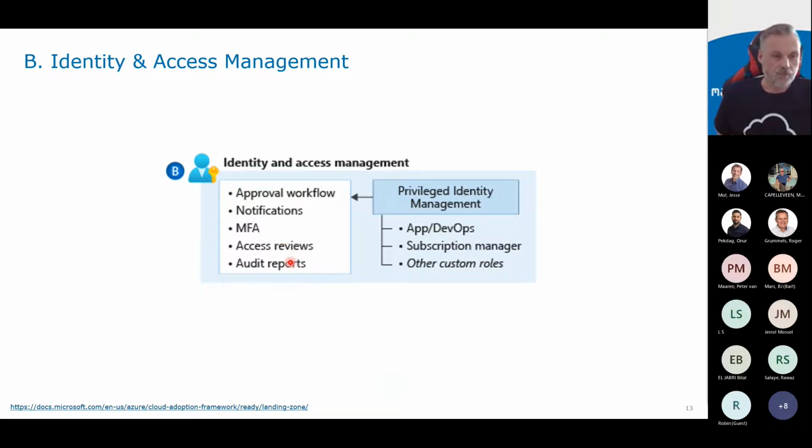You can create audit reports and approval workflows with PIM, privileged identity management. So, for example, if you have a global administrator with high privileges, you can set up an approval workflow so that another AD user always needs to approve the request of getting access as a global administrator. That's privileged identity management.